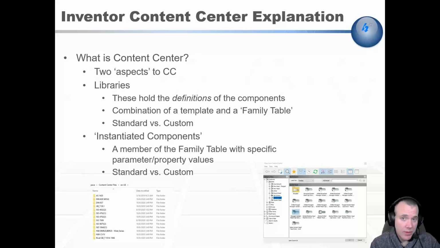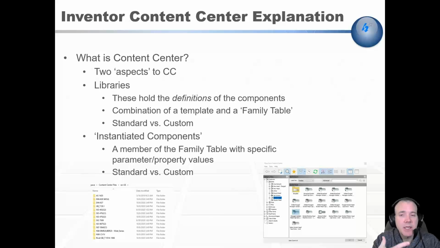So there's a lot going on with the libraries, but the other half of the Content Center would be the collection of the instantiated components. When you actually place a Content Center file, those things go into a folder somewhere, or actually a collection of folders on your computer.